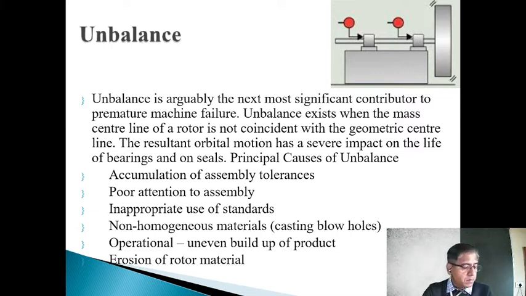Operational uneven buildup of product is another cause. For example, in ID fans, where the flue gases are taken out from the chimney, sometimes the particles in the flue gases stick to the fan, and because of that, the rotor gets unbalanced.